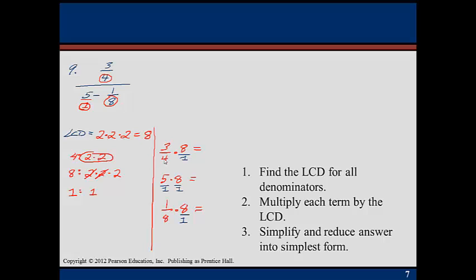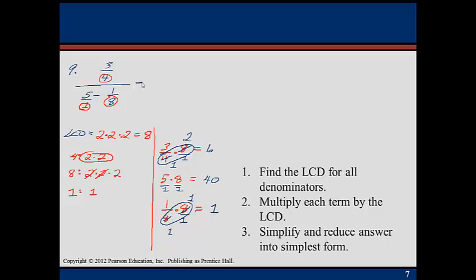And we can simplify first, so go ahead and simplify the 4 and the 8. And this will become 6. Here we do not have to simplify. So we have 5 times 8, which is just 40. And then simplify the 8 and the 8. And we end up with just 1.